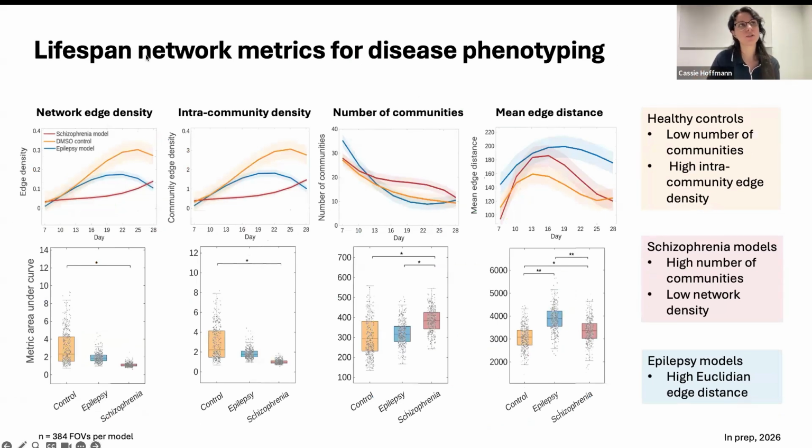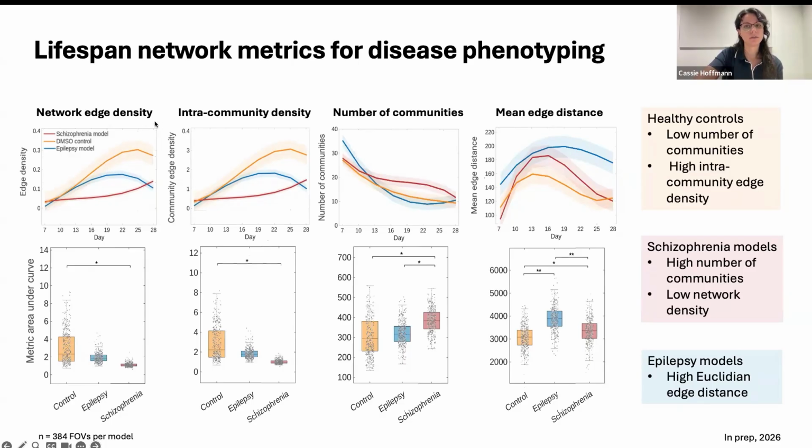And I wanted to quantify graph theoretical metrics over the lifespan of the culture as well. So here we've got the metric over the observation period where I've fitted a polynomial curve. Down here we've got the area under curve for each one of these diseases.